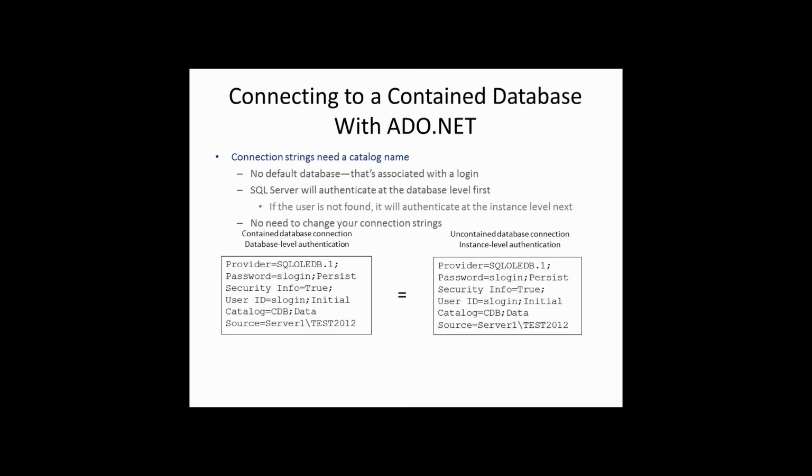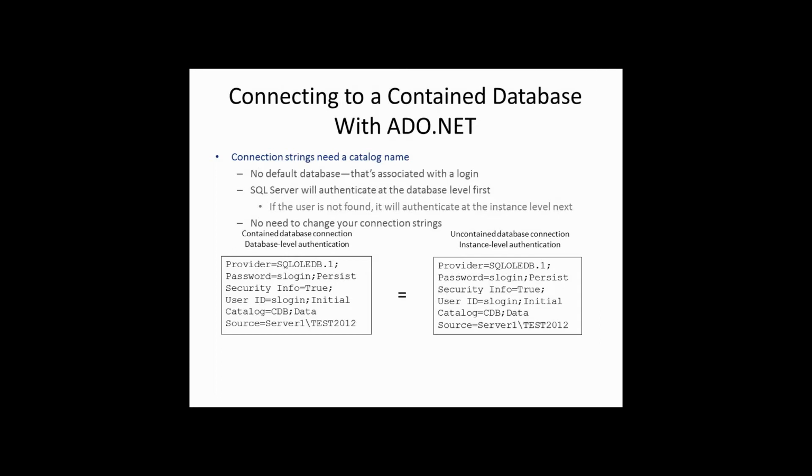ADO.NET. Guess what? Your connection strings don't have to change. You've always been expected to put an initial catalog name in the connection string.